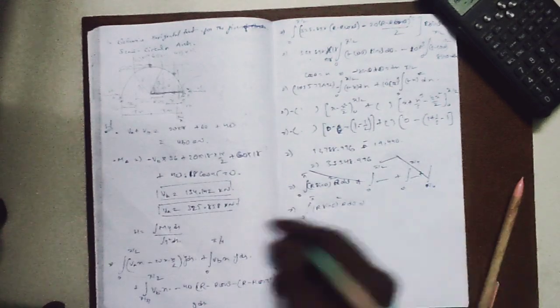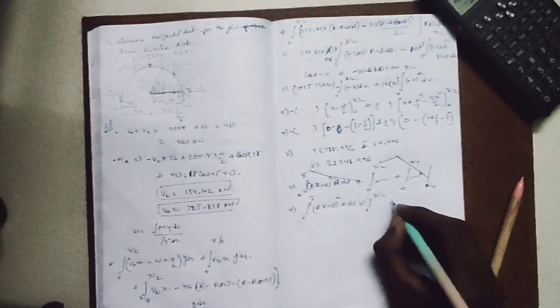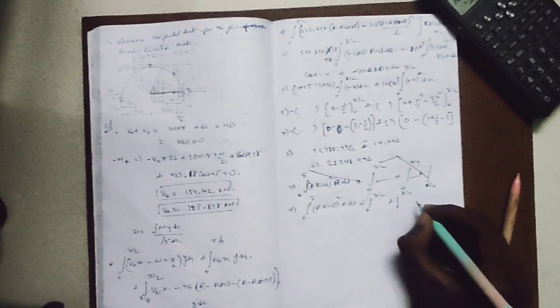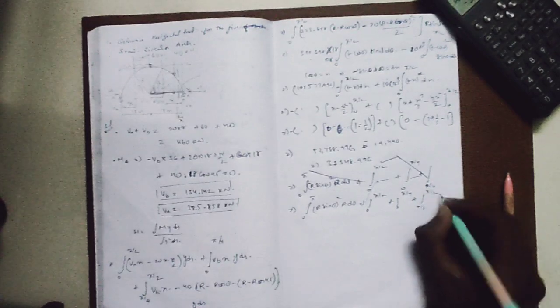We have to split the limits as 0 to pi by 2 plus 0 to pi by 4 plus pi by 4 to pi by 2.